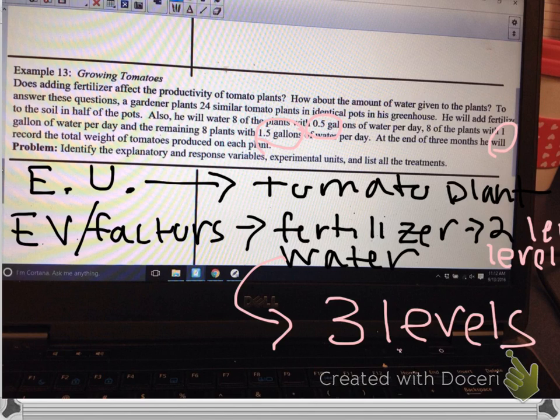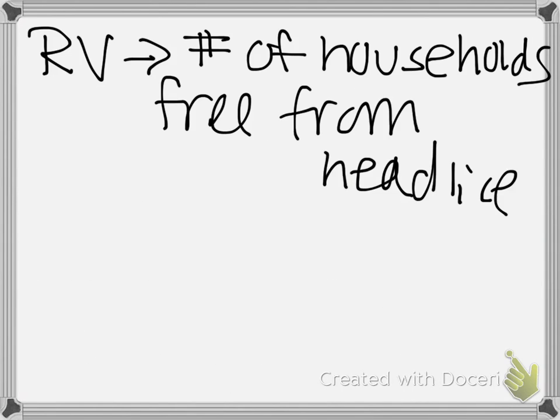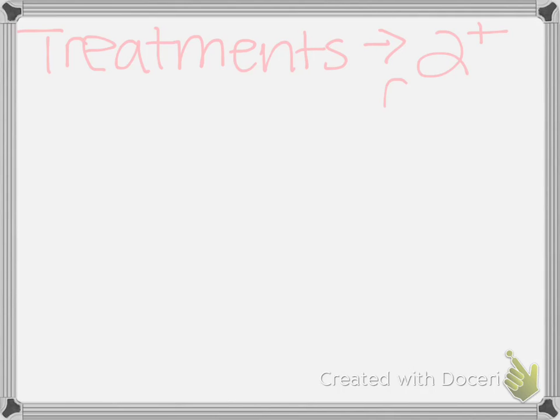Okay, now let's get to the treatments. Okay, the treatments then, for this one, and be clear now, I'm going to change my, can you see okay? Yep. Okay, so the treatments, when you have more than one factor, you have to look at your factors individually. So the first factor was fertilizer.